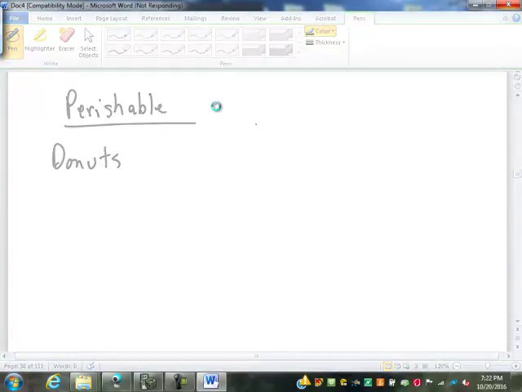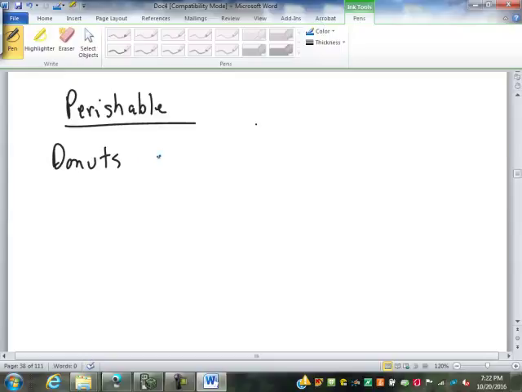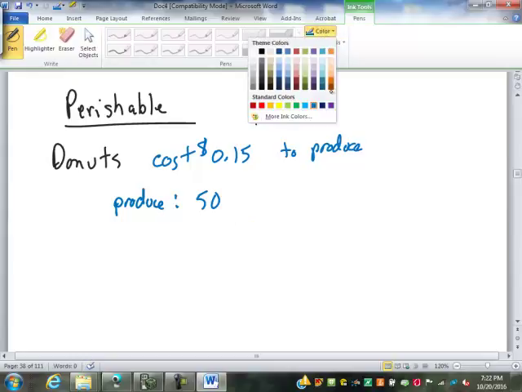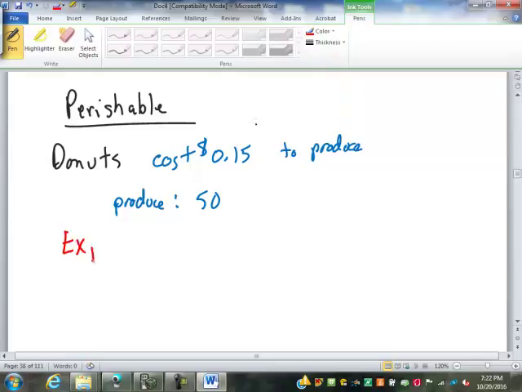So let's say these donuts you're going to produce at a cost of 15 cents each to produce. You're going to produce 50 of them. You expect 10% not to sell.